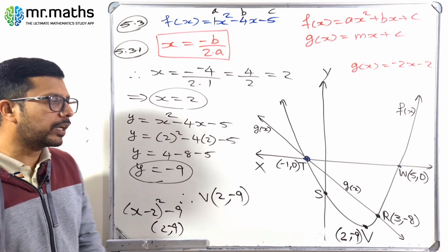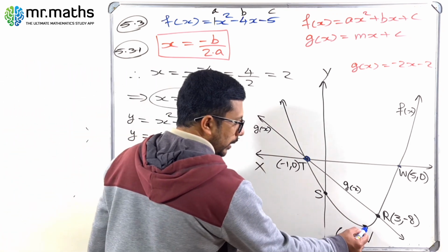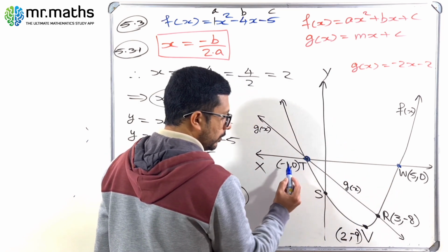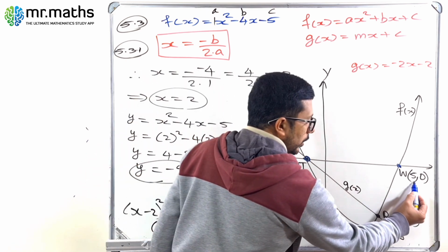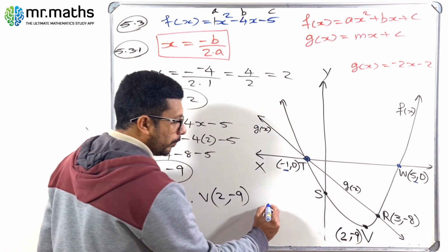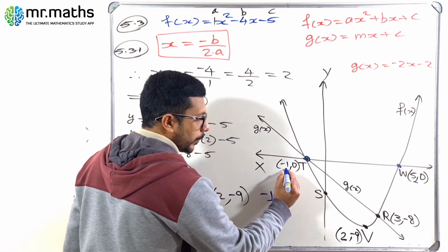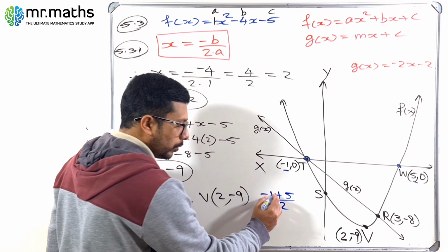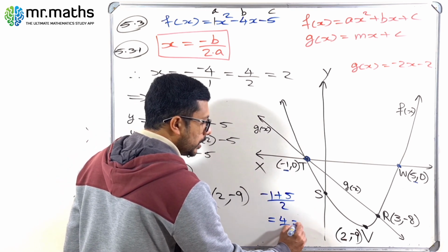What is another method? Look at this one. This turning point is the midpoint of these 2 points. What is the x value here? Minus 1. And here? 5. So minus 1 plus 5 divided by 2. Minus 1 plus 5 is 4, and 4 divided by 2 is 2.